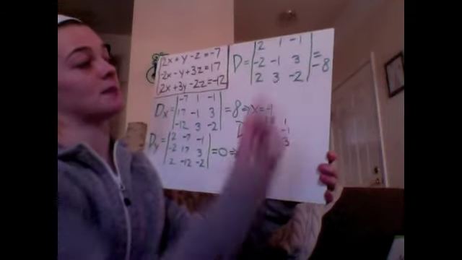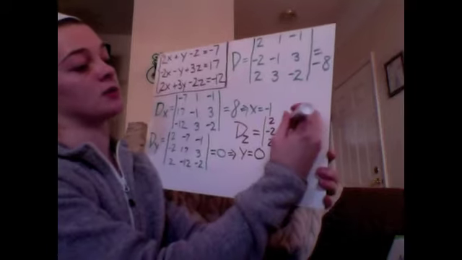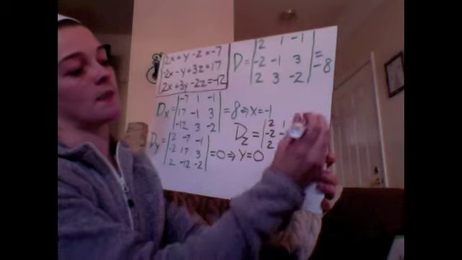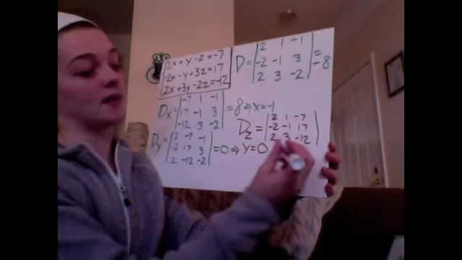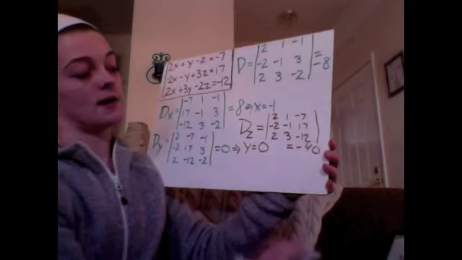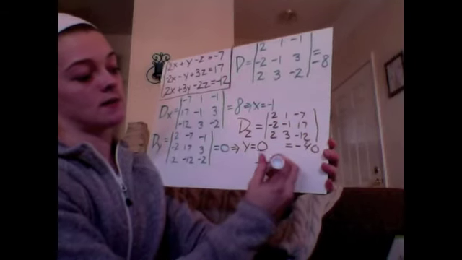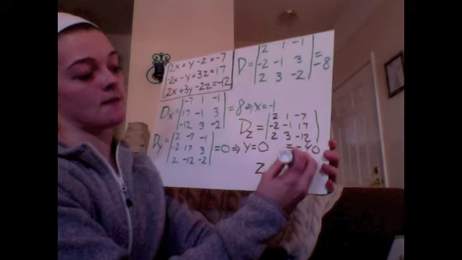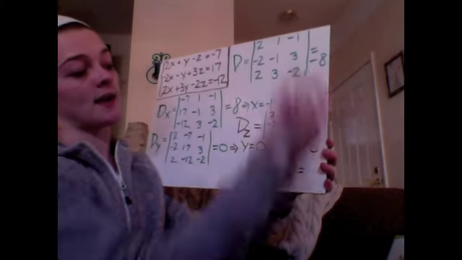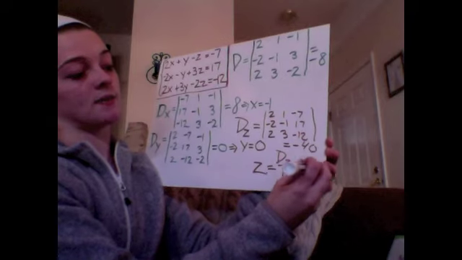My third column, which is my z coefficients, are going to be my solutions. So negative 7, 17, and negative 12. If you calculate that determinant, you find that dz is equal to negative 40. All right, to find z is equal to dz divided by d. So negative 40 divided by negative 8, that'll tell you that z is equal to 5.